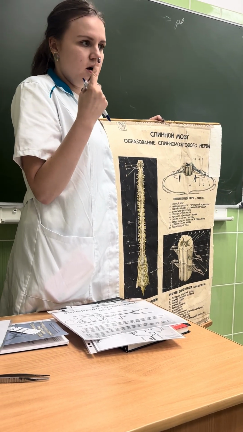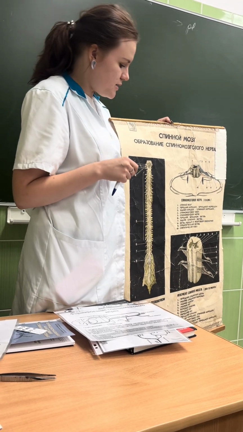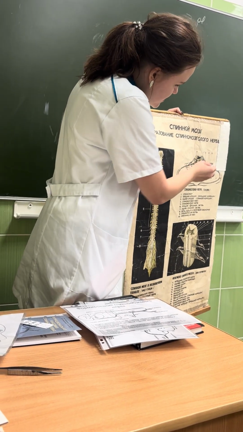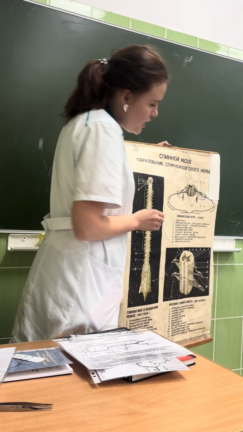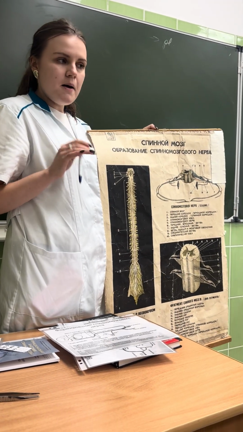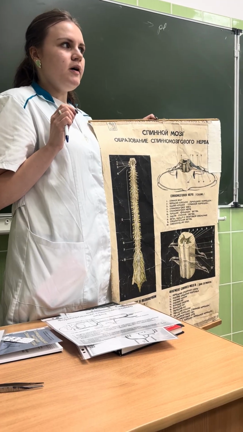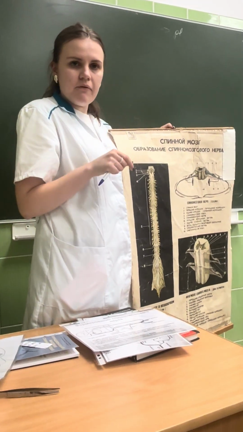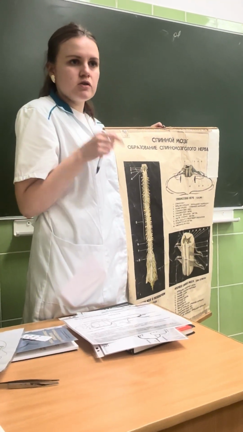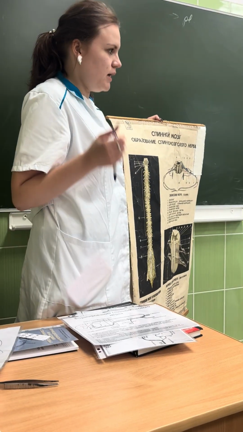It is the first neuron of the reflex arc. And radix anterior, red or orange in this picture, is motor, but from segments C8 to L3 it has vegetative fibers, so it is mixed. Understand?